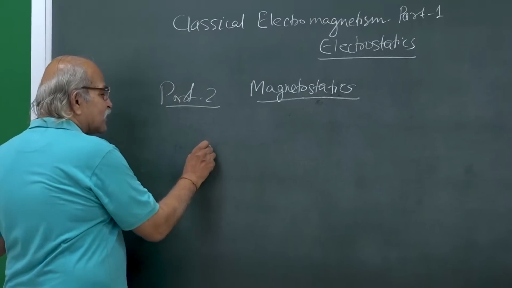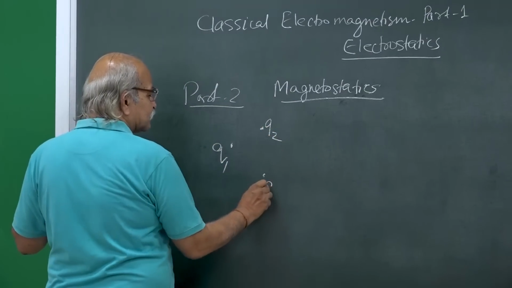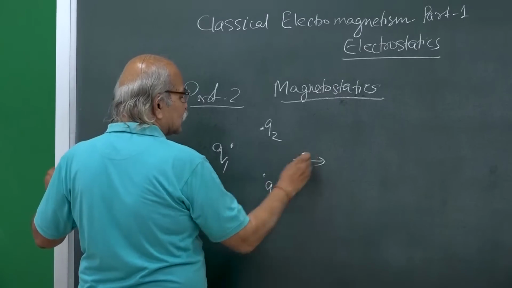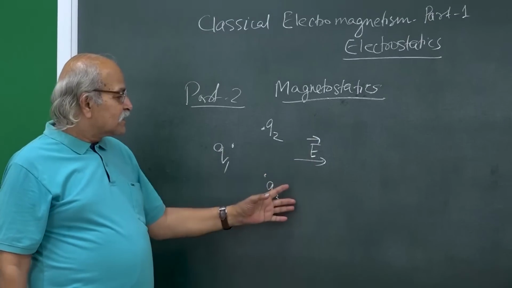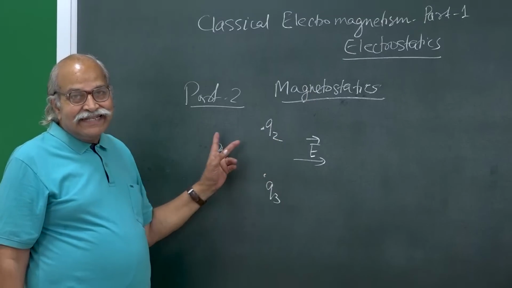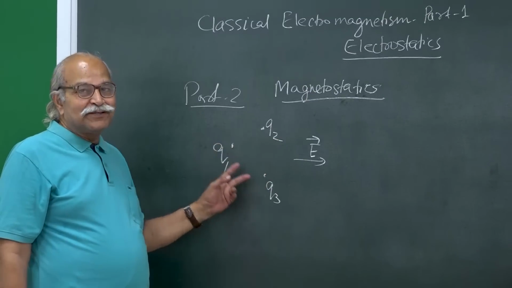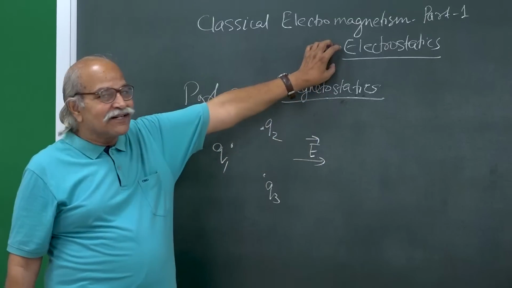So, in electrostatics you have some Q1 placed here, some Q2 placed here, and so on, and then they produce some electric field. This is how electrostatics is described, and these things should not change. There should not be any time dependence on the charge distribution in principle. That is the definition of electrostatics.